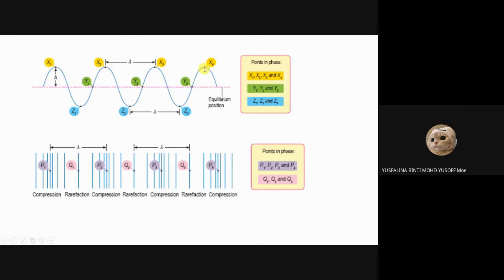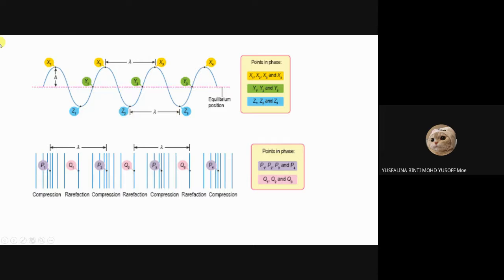If you connect the troughs, z1, z2, and z3, all in the same phase, this will produce the dark lines. The dark line is the trough, the bright one is the crest. They must be connected in the same phase.